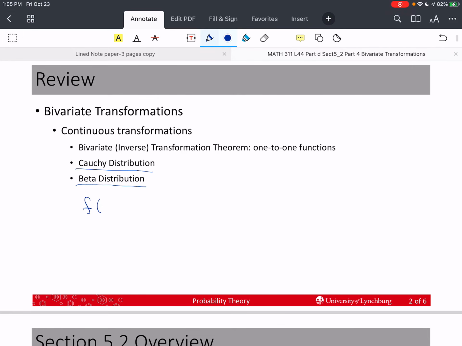Remember that the beta distribution f of x is equal to gamma of alpha plus beta over gamma alpha times gamma beta, x to the alpha minus 1, 1 minus x to the beta minus 1, and x is between 0 and 1. And I guess we should make these strict inequalities.